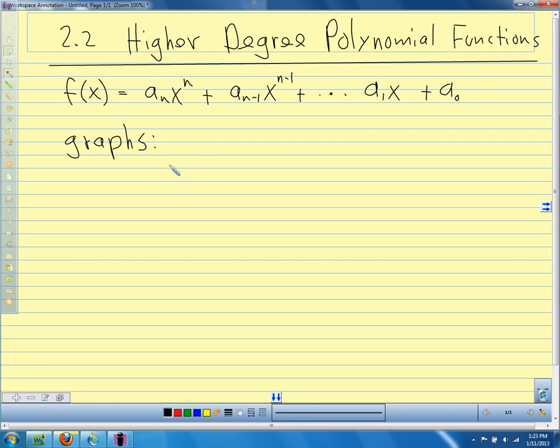We're going to say that the polynomials are continuous. So that means our graphs are not going to have any breaks or gaps.